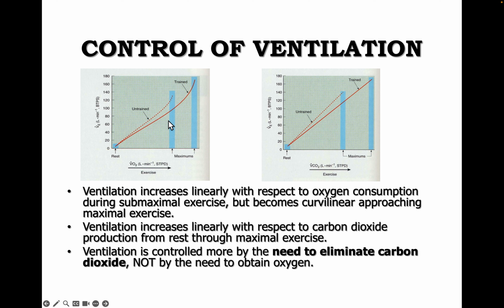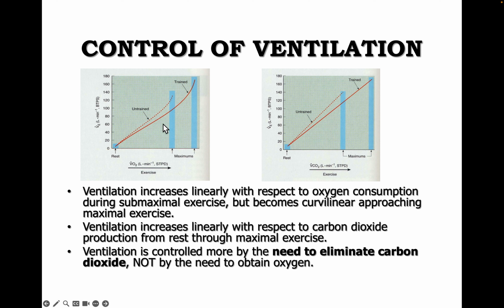What you'll notice, though, is that comparing an untrained runner to an aerobically trained runner, the amount of oxygen being consumed is going to be less in the trained runner when running at the same speed.